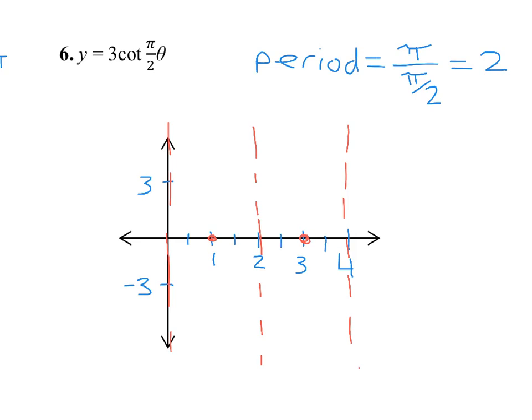These points are where we're going to have 3 and -3 as y-coordinates. So cotangent goes down from left to right. So we need to start high at +3, then we go to the middle, and then we go down to -3. Same thing here. Start high, go to the middle at 0, and then down to -3.